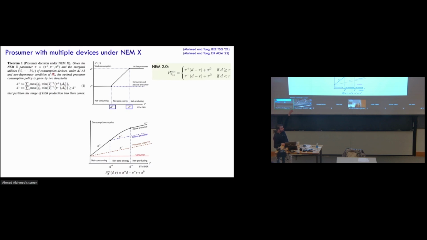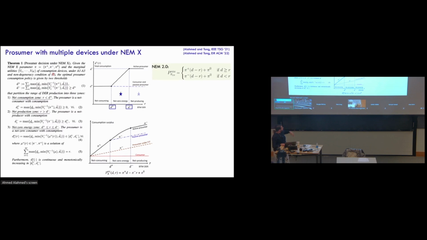They are basically a function of the inverse marginal utility of the household and the utility parameters, the utility prices, which are known to customers. And in the net consumption zone, your consumption is based on equation 2. This is D plus. Production zone consumption is equation 3. And then when you are in between, it is slightly more complicated to compute the consumption, but it is still manageable.